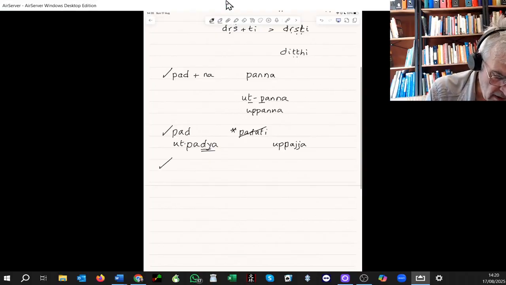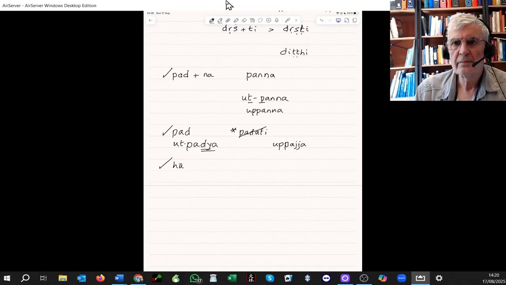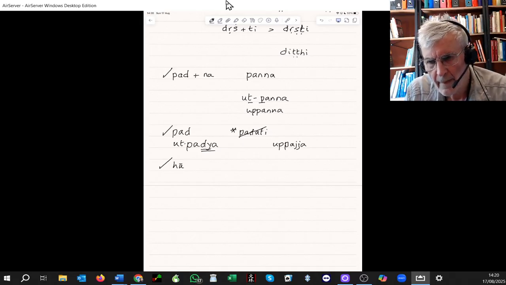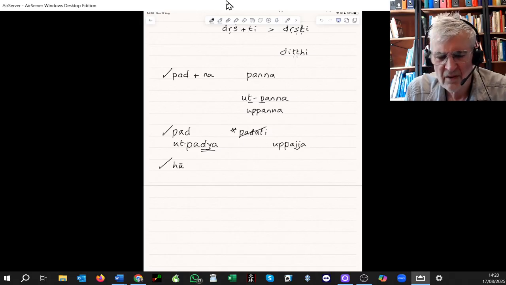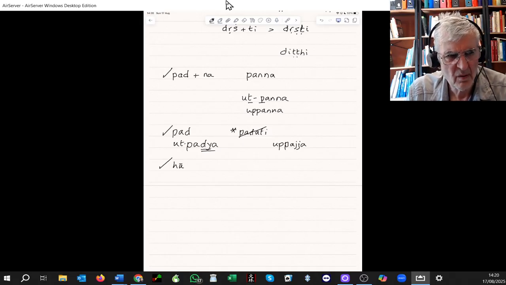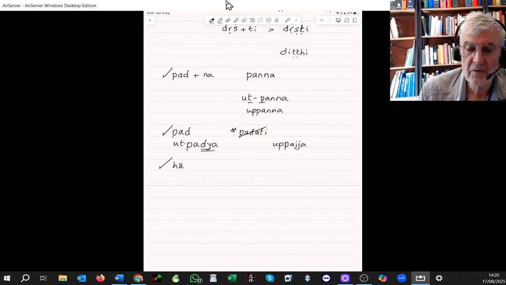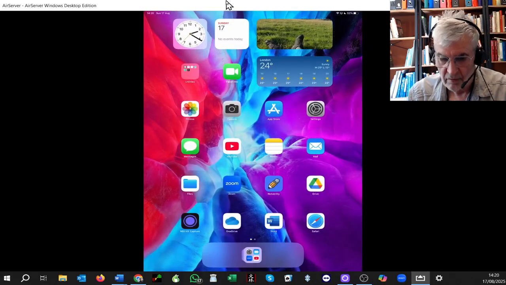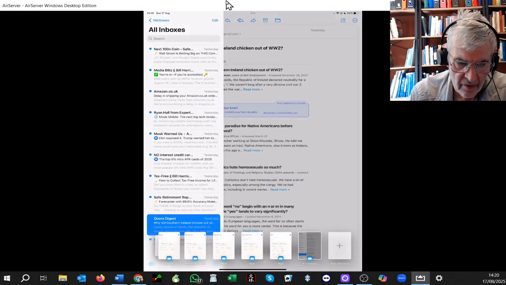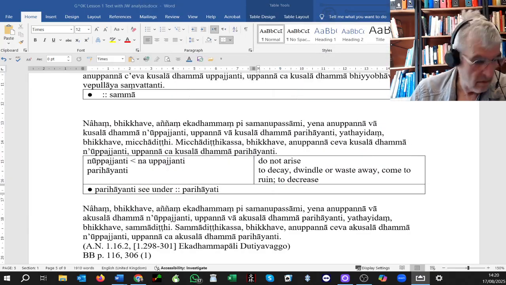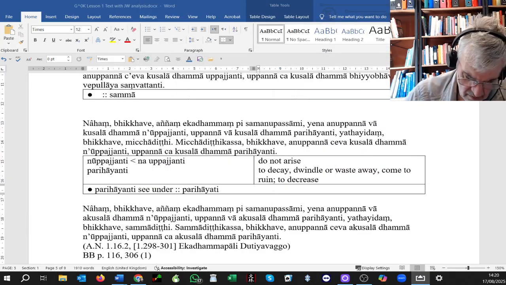The root ha, which means either to abandon something, or it can be intransitive as well, to disappear, waste away, get lost. It makes its past participle... Oops, what have I done? There we are, got it back.